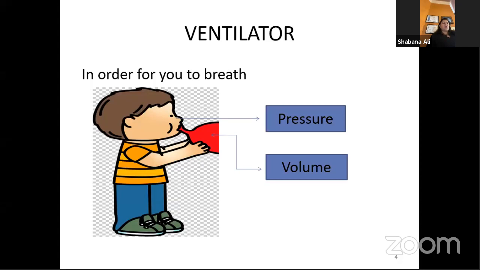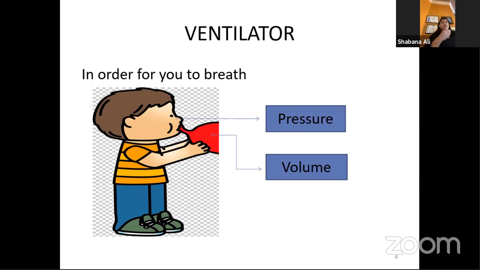In the slide you are looking at, the child is blowing a balloon. If you imagine the work of respiration, when we are breathing, there are 2 very important factors. Number 1 is the pressure, how much pressure you are applying for that balloon to blow.